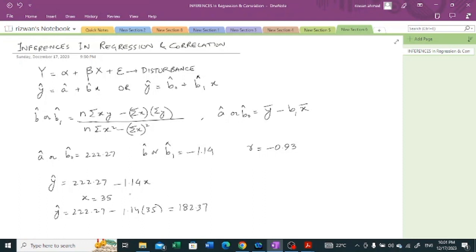This is the estimated peak heart rate for an individual whose age is 35 years. Now we are going to test two hypotheses. First regarding slope, another regarding coefficient of correlation.